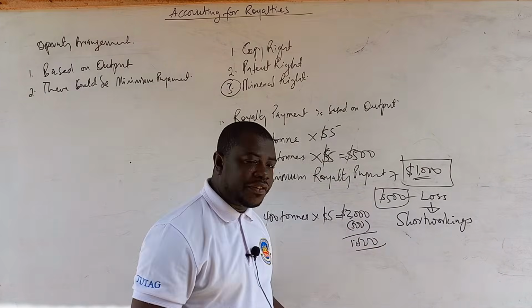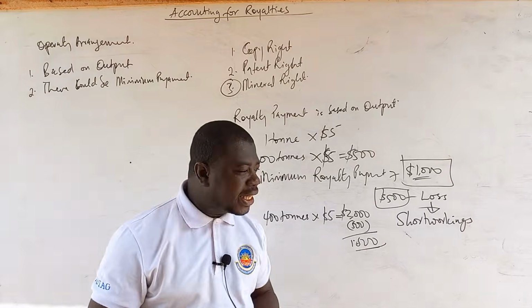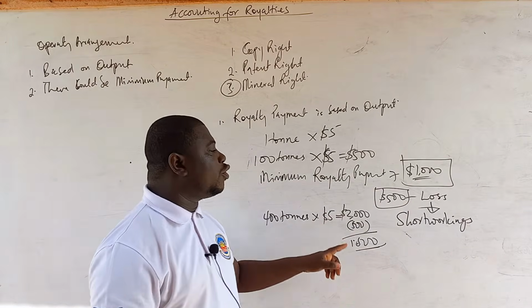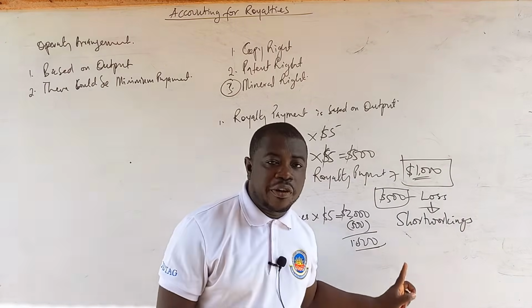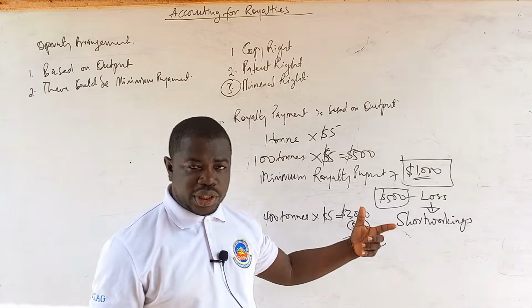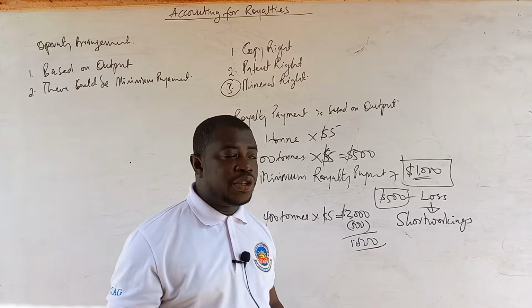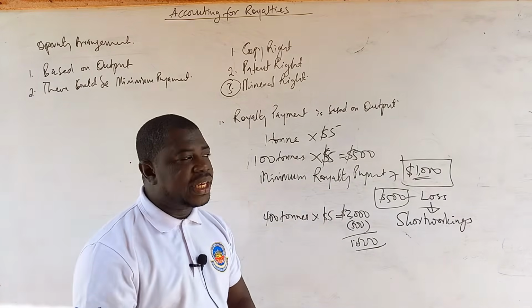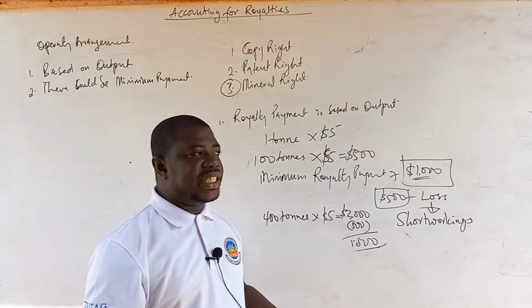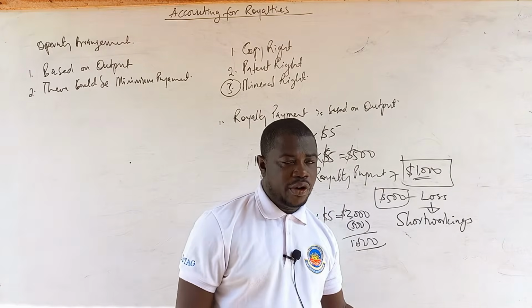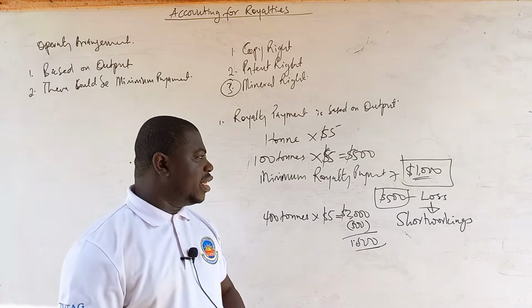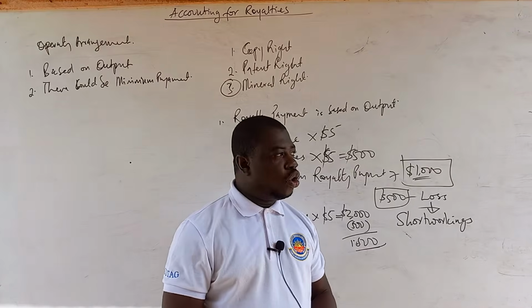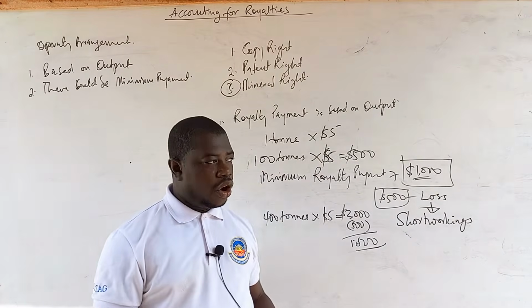Now, please take note that it is not always automatic that you will be allowed to recover the short workings or the loss. Whatever happens will be different from case to case, and it will depend on the agreement you sign. In most cases, short workings are given limited time to recover. You can be told in the contract that any short workings you make cannot be recovered after 5 years or after 3 years.